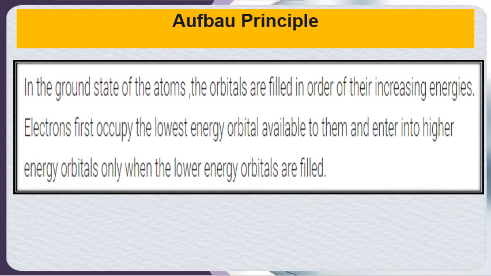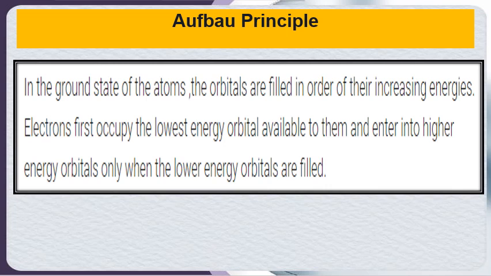So what will you say? In the ground state of atoms, the orbitals are filled in the order of increasing energy: electrons first occupy the lowest energy orbital available to them and then enter the higher energy orbitals only when the lower energy orbitals are filled. Right?